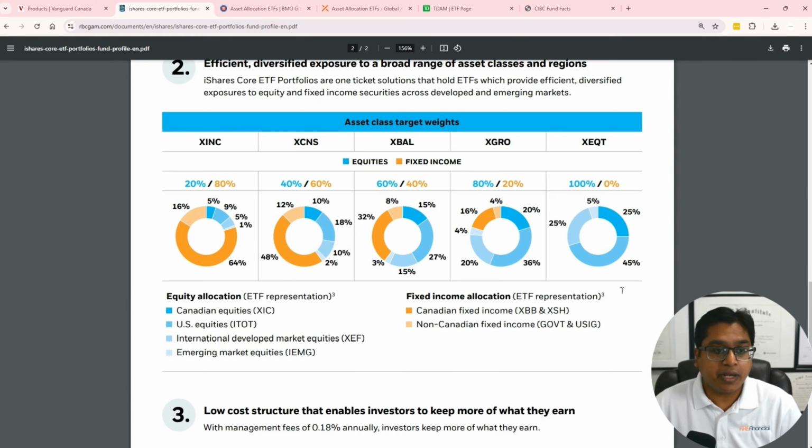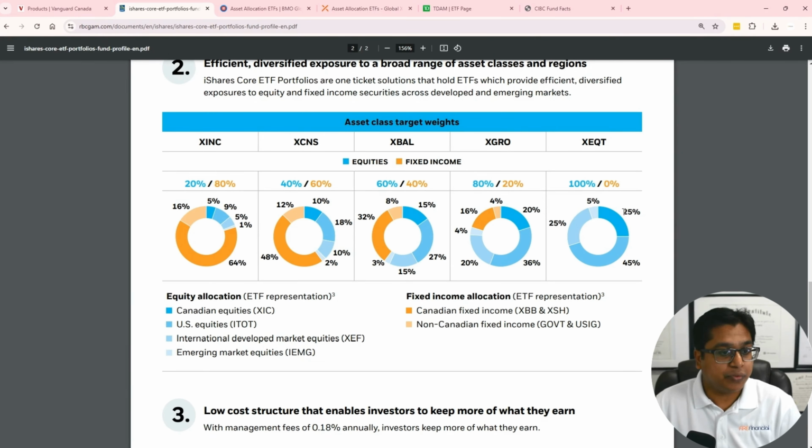If you go down a little bit, you can see the breakdown of what those underlying ETFs are in each of these portfolios. So for example, when they are building this XEQT, they are going to invest your money in these different weights in these 4 ETFs.